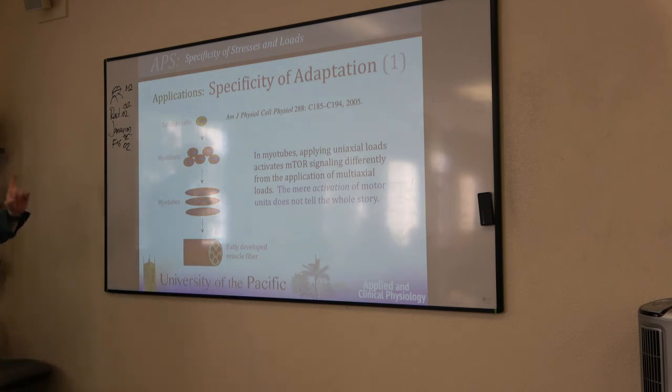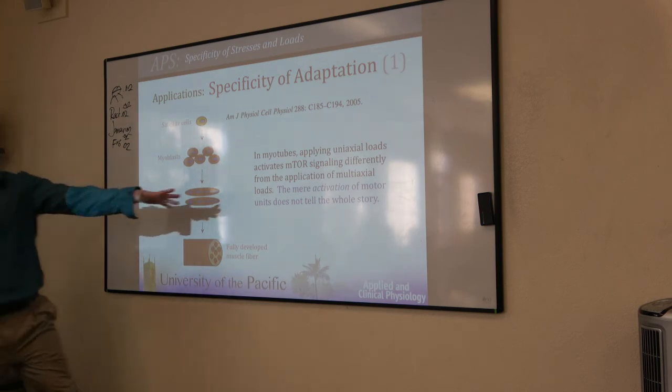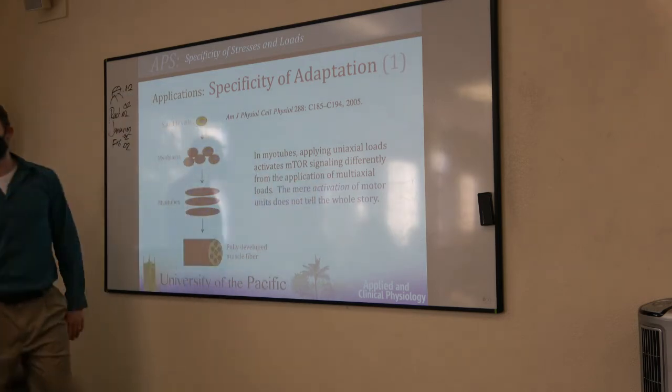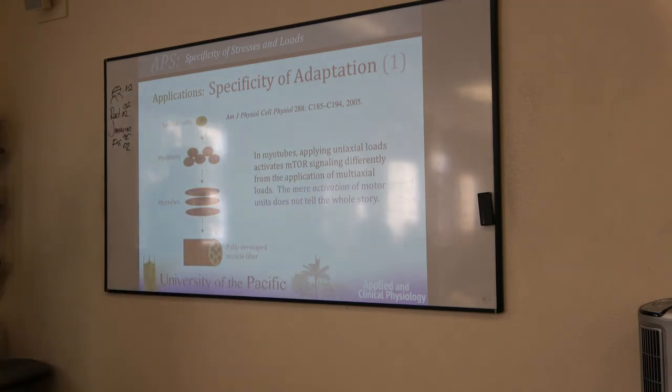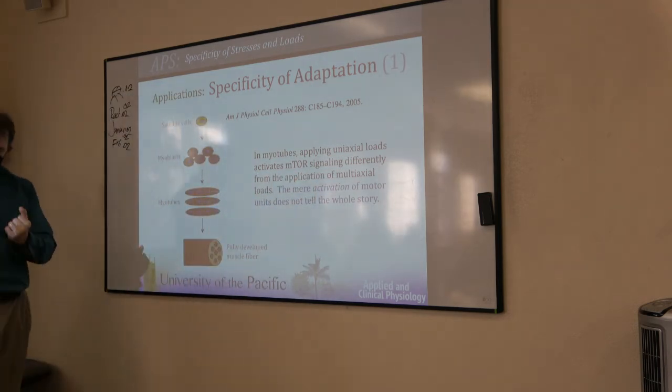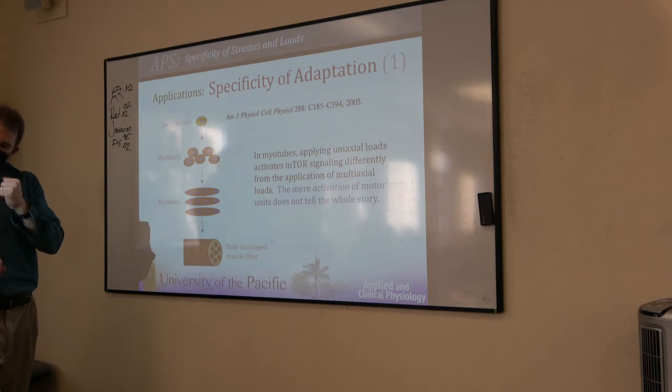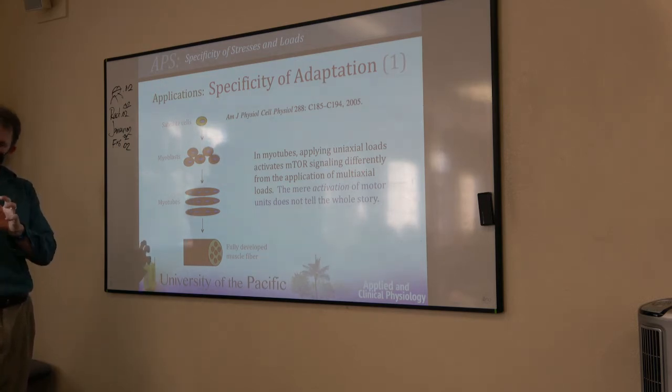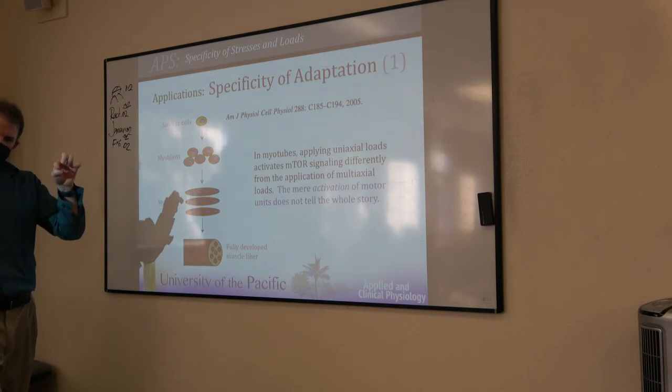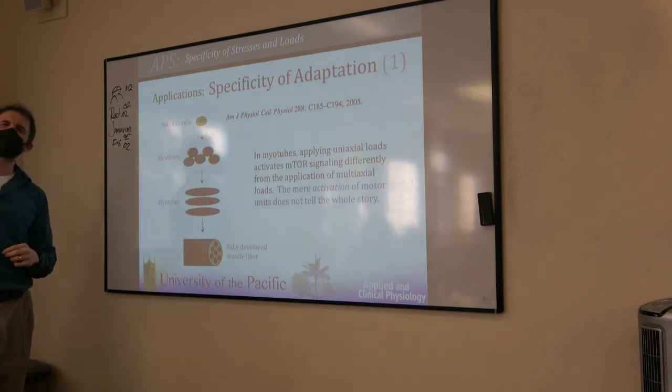The stretch profile that they put on it, uniaxial as compared to multi-axial stretches, elicited different outcomes in the mTOR signaling. It gets very precise mechanical loading. Specificity of adaptation applies to the very specific characteristics of the load profile.